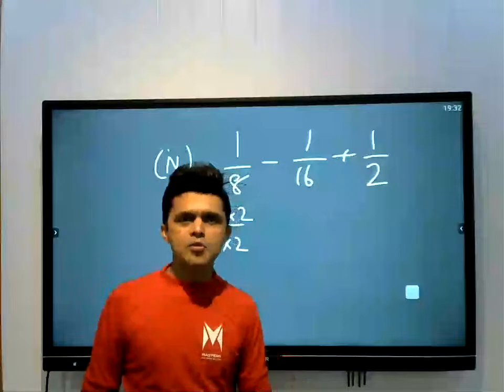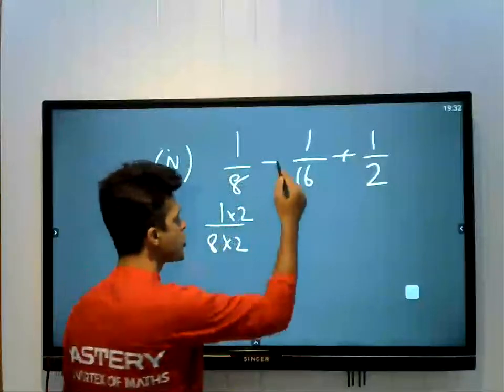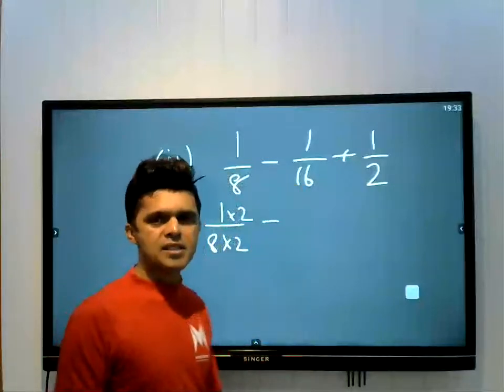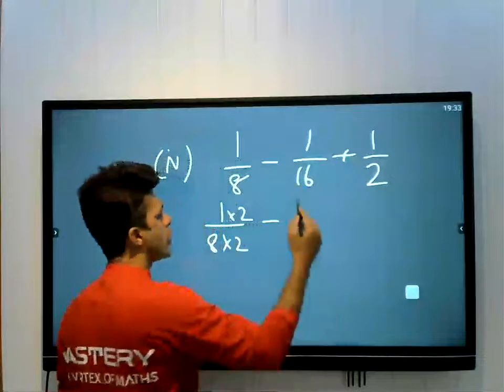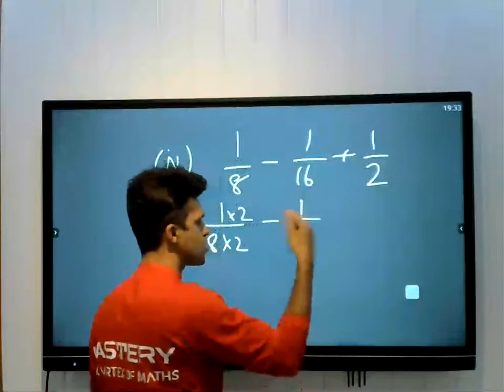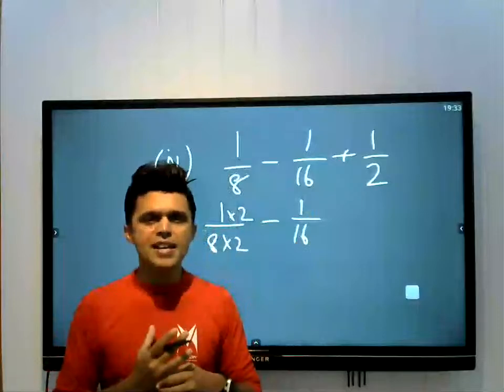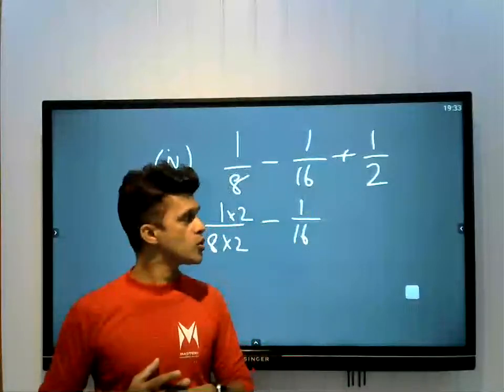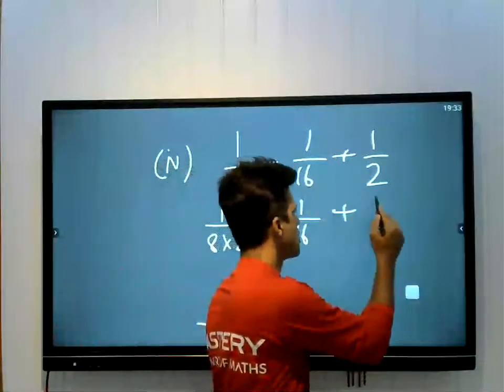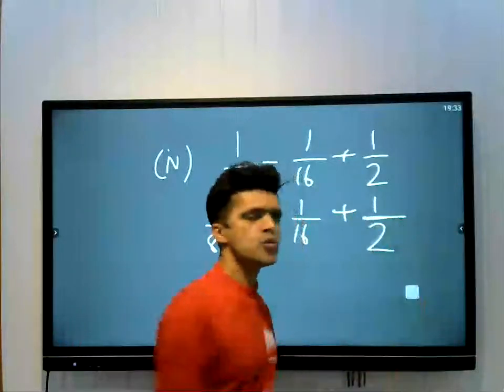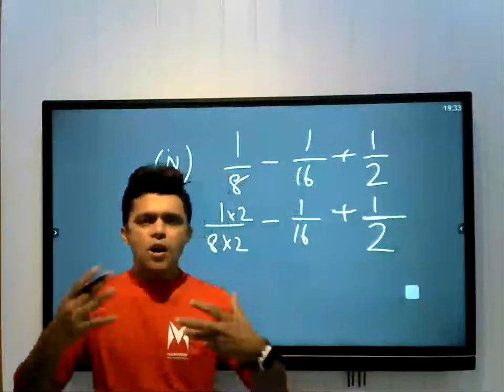Don't forget the subtraction, minus. So here 1 over 16, this fraction does not change, which means it does not take any digit to multiply both sides. But this one half, how can you do this?